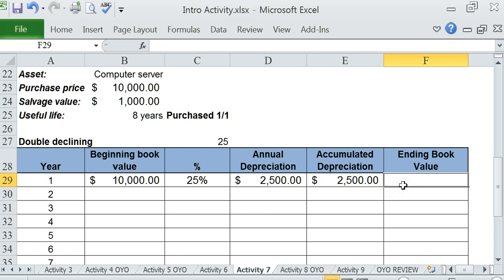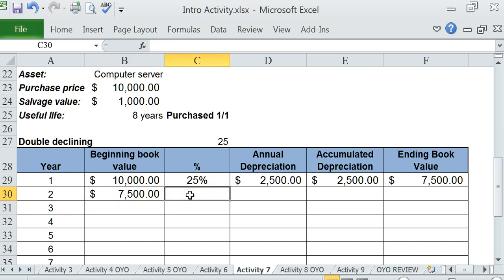And our ending book value is simply beginning book value minus the annual depreciation. Our ending book value comes out to $7,500. As you'll notice, the beginning book value is simply last year's ending book value. So we start off year 2 with a beginning book value of $7,500.